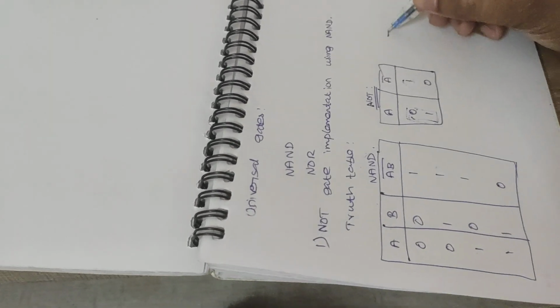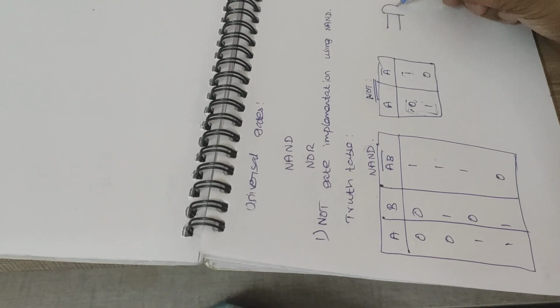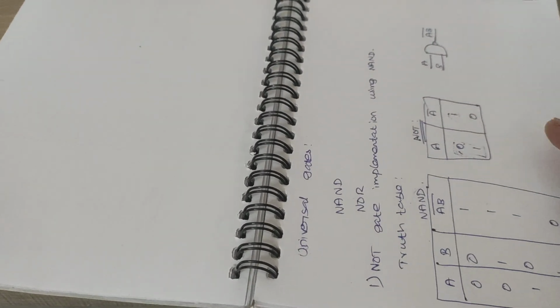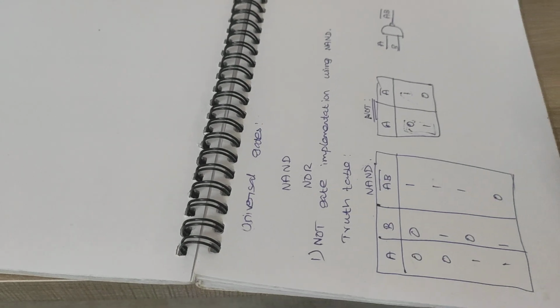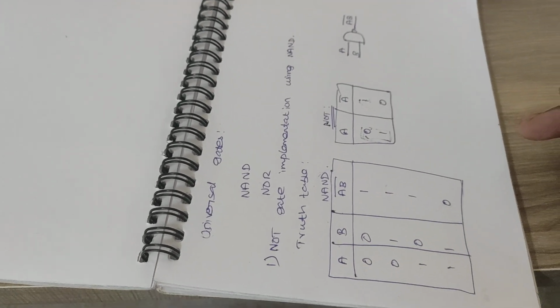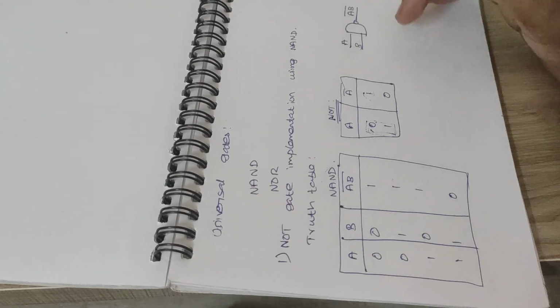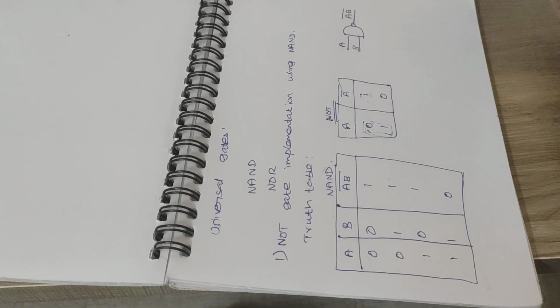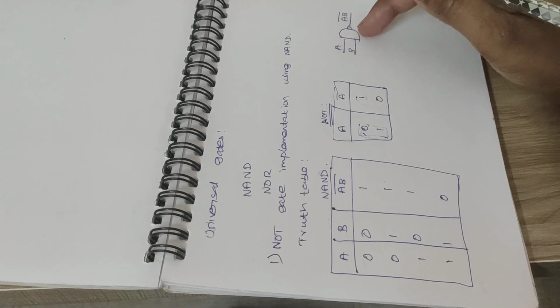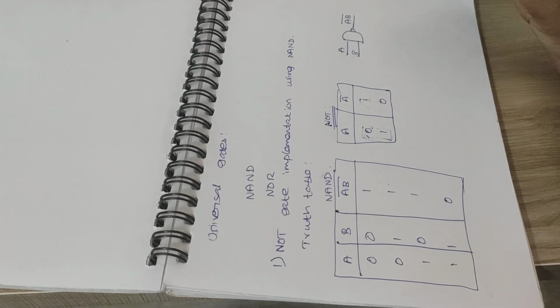What we have currently is AB, that is, the whole of AB bar. We'll look at the truth table and see how we can convert this NAND gate. We can have a number of NAND gates, but the primary intention is that using only NAND gates we have to build our NOT gate.